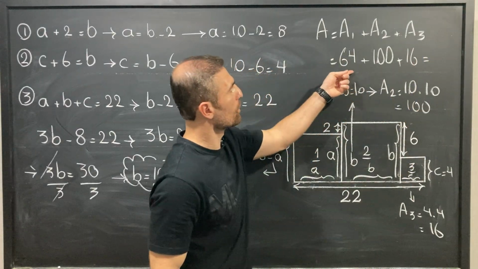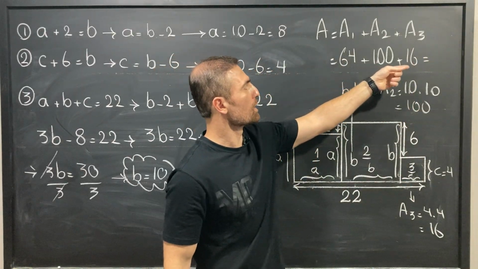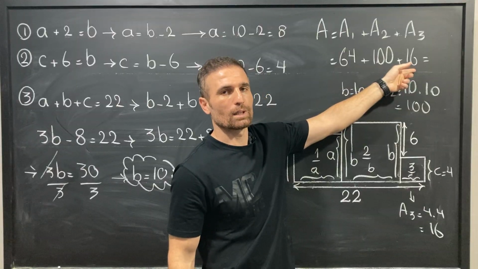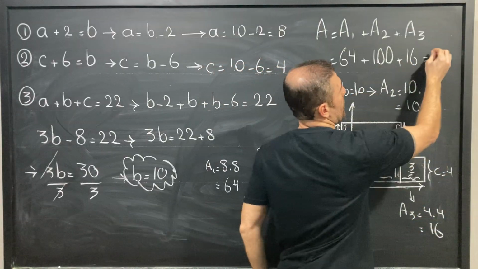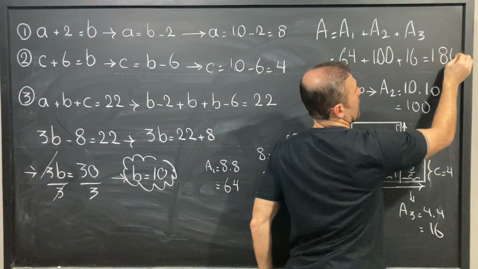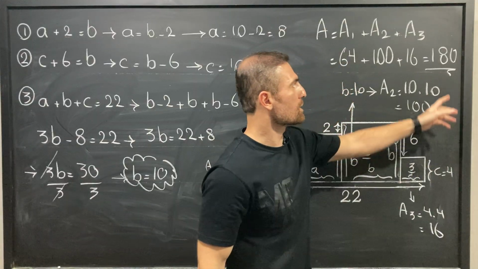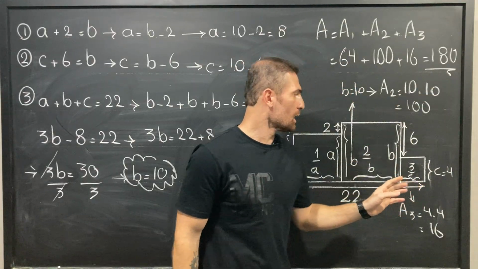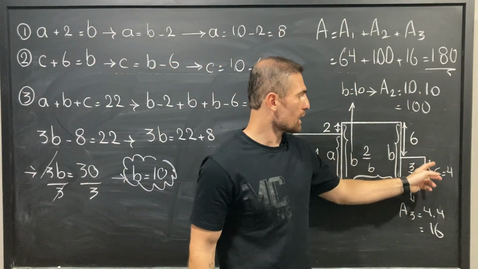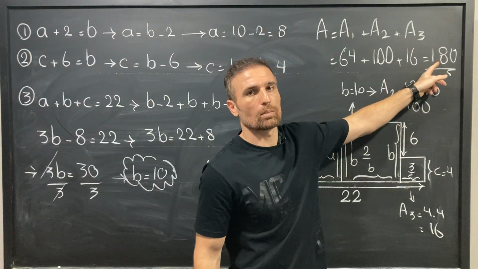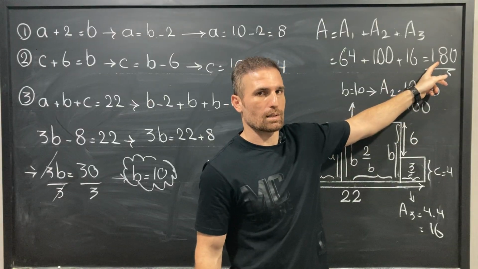As you know, 64 plus 100 plus 16 is going to be 180. And this is the answer of our question. Do not forget, if we use centimeter for the length of the side, the area is going to be in square centimeters.